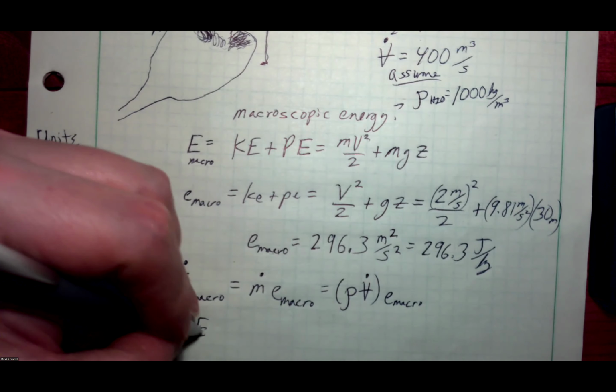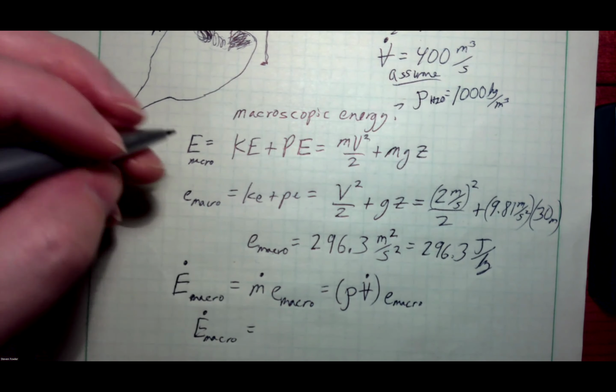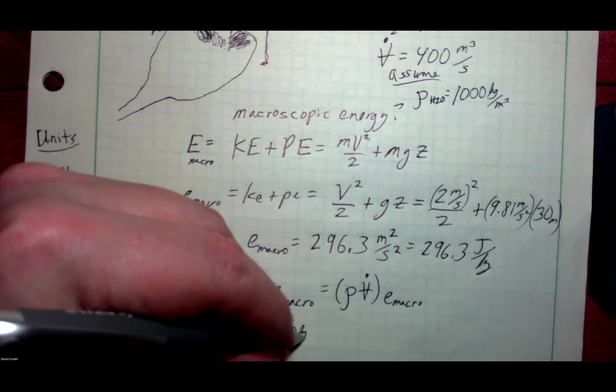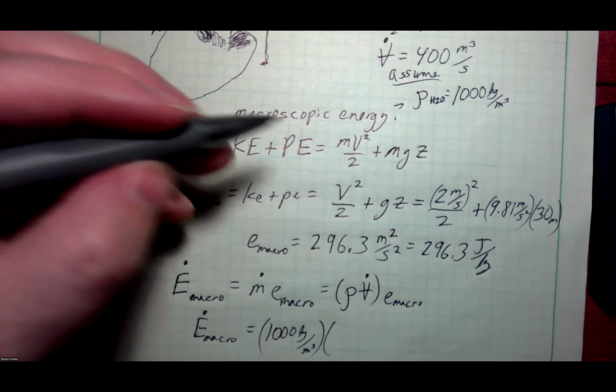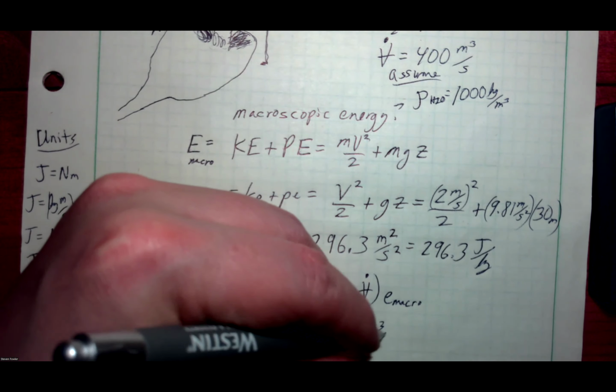So the rate of macroscopic energy flowing through this waterfall is then going to be this density, which we found to be about 1,000 kilograms per meter cubed. That's what we're going to assume. Multiplied by the volumetric flow rate, which is given up here, 400 cubic meters per second.